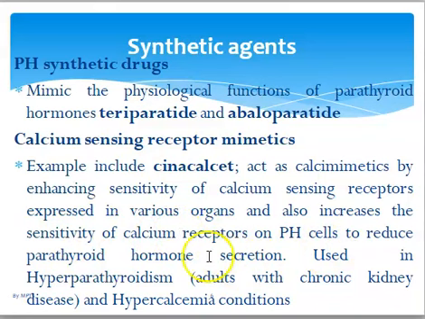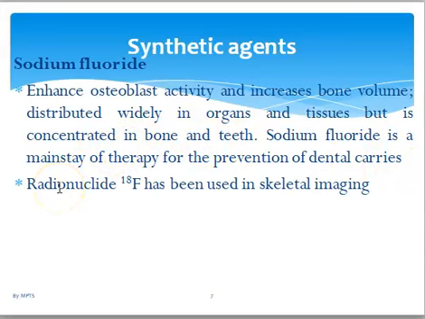However, we also have radionuclide fluoride. I may be fast in speaking just because I don't want the video to be long, but you can always refer to other presentations. The radionuclide F18 is used in skeletal imaging, because fluoride is distributed within the bone and teeth.